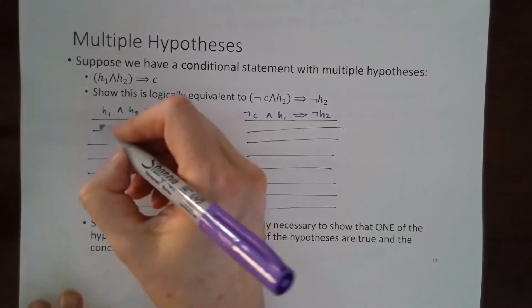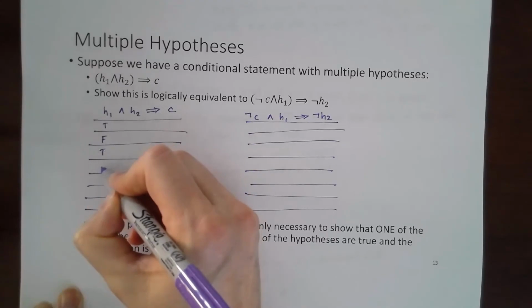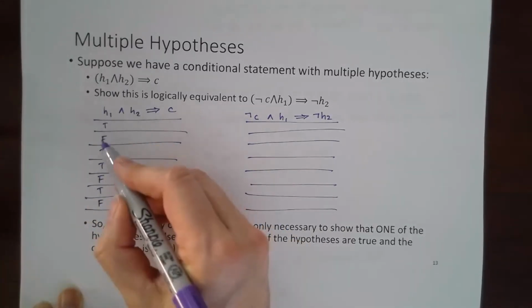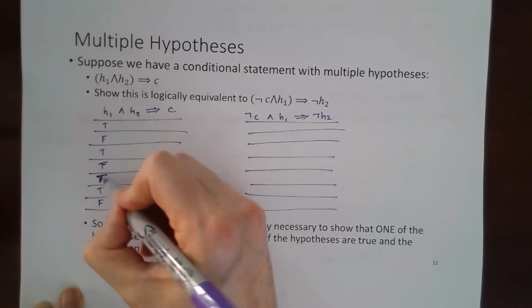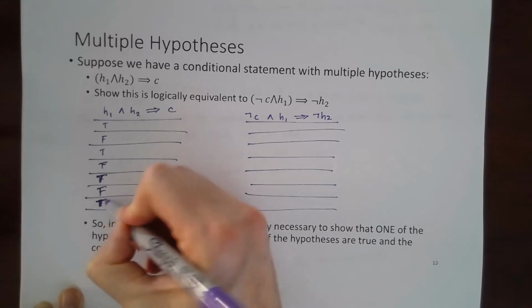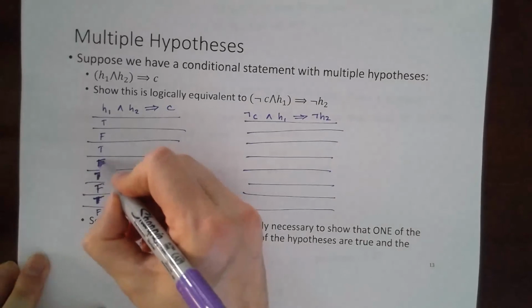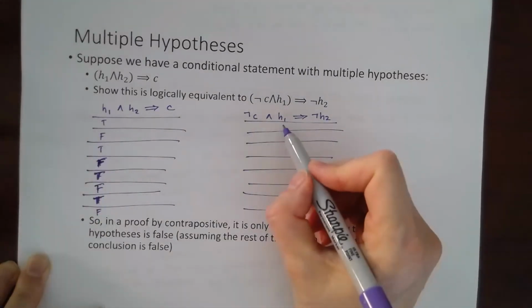All right, we'll just do H1 as true, false, true, false. We'll alternate 1 for H1. Oops, true, false, true, false, true, false, true, false. Let's go over here and copy that over here.